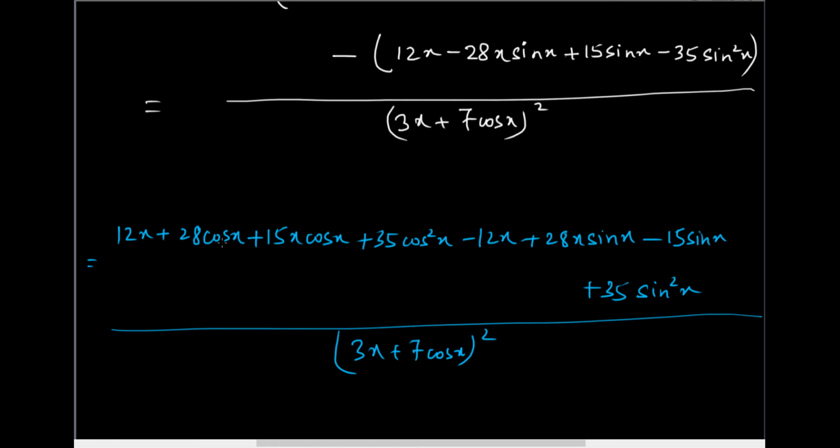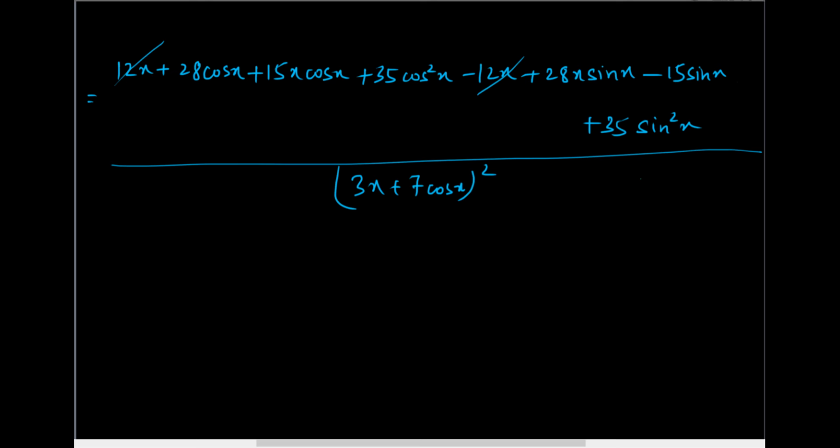Now you see the 12x plus and minus will be cancelled. And one more thing which we can simplify is 35 cos square x plus 35 sin square x. So we may take 35 as common, so it will be 35 times (cos square x plus sin square x), and we already know that cos square x plus sin square x is equal to 1 by the trigonometric identity.